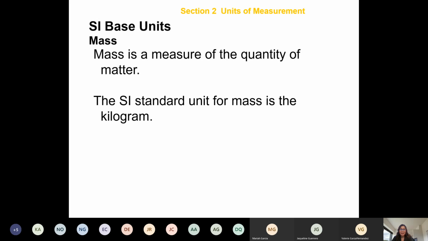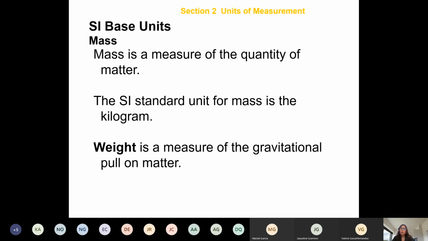Now, mass sometimes is confused with weight. But weight is actually a measurement of a force, the force of gravity, meaning how much pull the gravity of a planet has on that specific amount of matter. For example, if you are here on Earth, you have a specific weight because of the pull of gravity from the Earth.